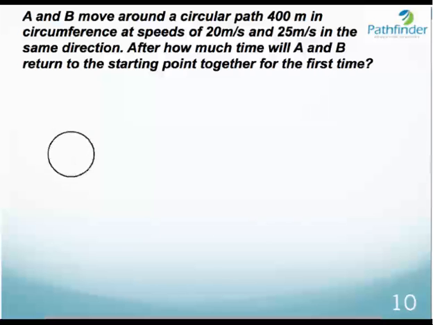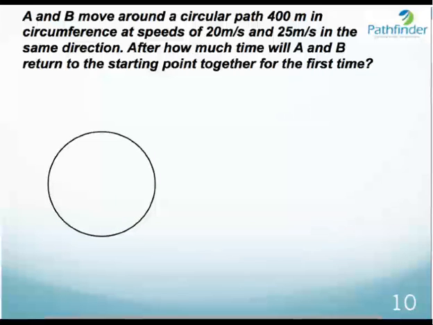Now, before we begin, let me tell you that there are only two very basic types of questions which are based on the concept of circular races. Number one, you are given the length of a racetrack.